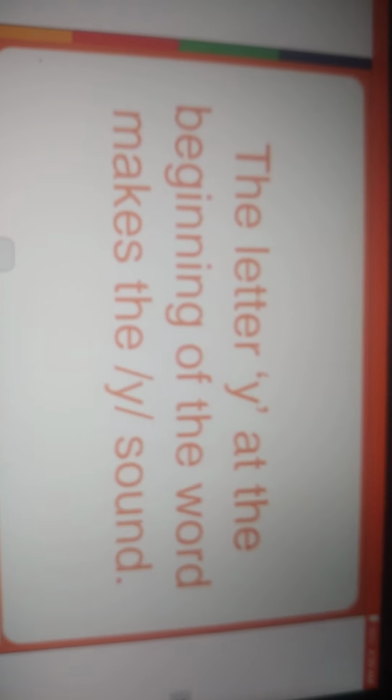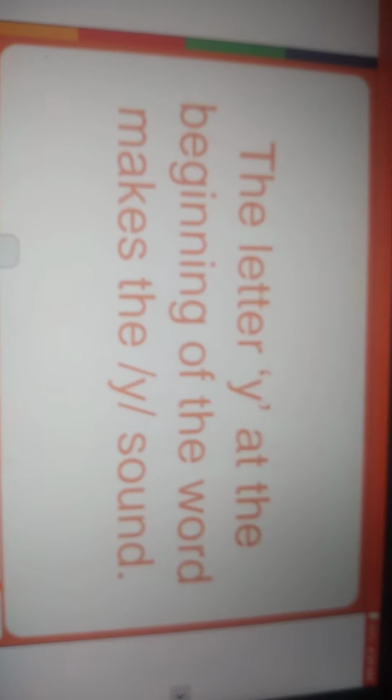If the letter Y comes at the start of the word, which sound does it produce? Yellow, yolk, yoga. The letter Y at the beginning of the word makes the sound Y, as in yellow, yolk.